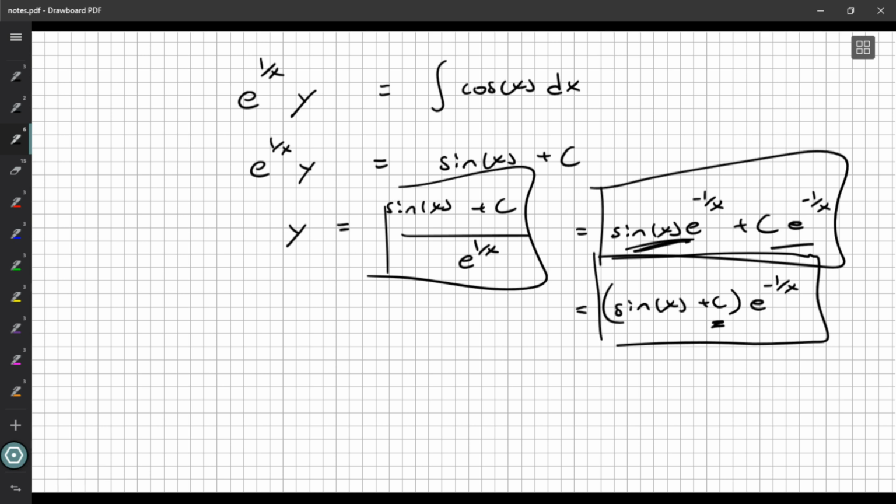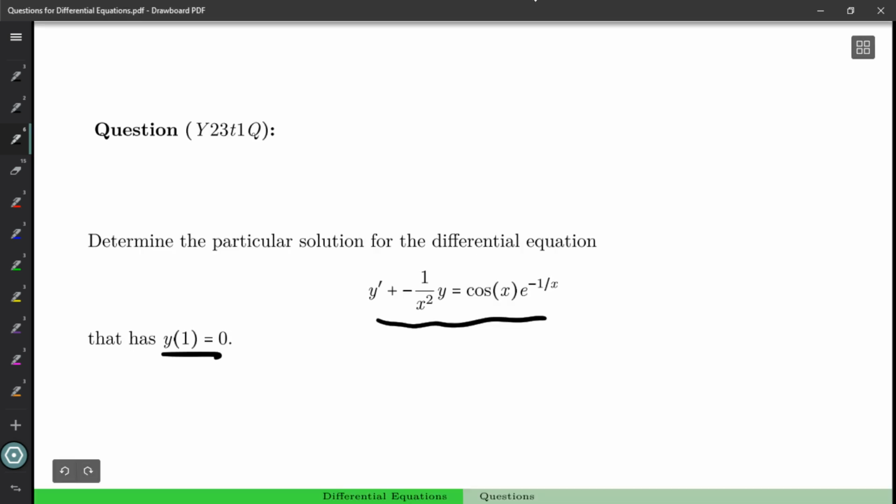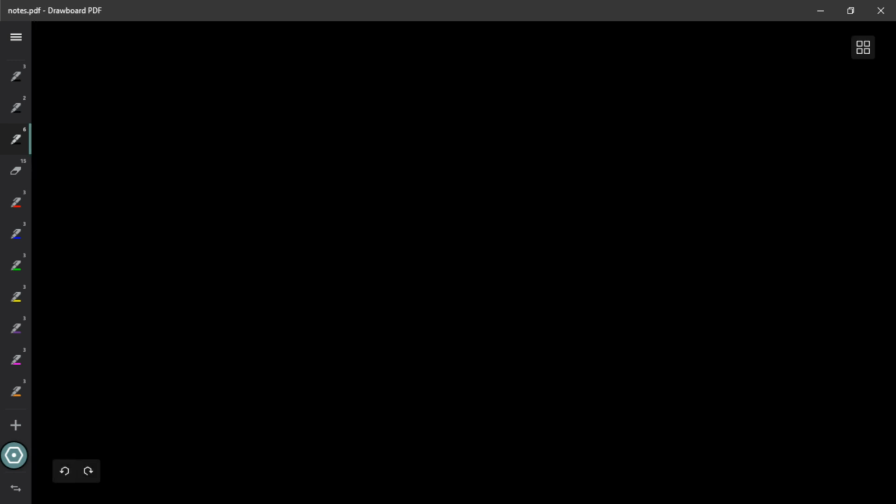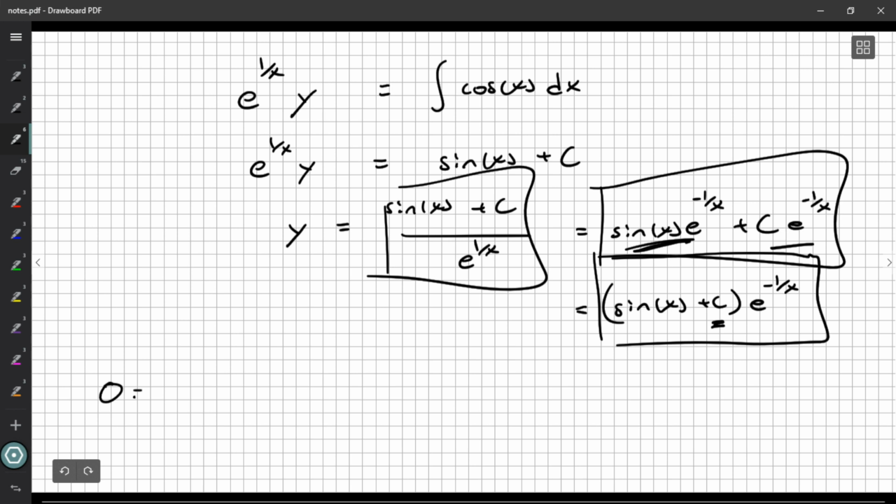And this is where we go back to the question and figure out our initial values, our given values, and we are told that y at 1 is equal to 0. Okay, so 0 is y at 1.